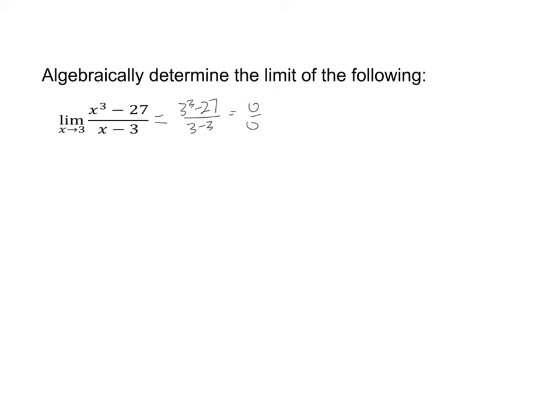Let's do it from algebra first, and then we'll connect it to the graph. If you remember algebraically, in this case, a good strategy is to do the factoring. If we factor the top, remember with cubic factoring, we would get x minus, like cube root both of them. So cube root of x cubed is x, cube root of 27 is 3.